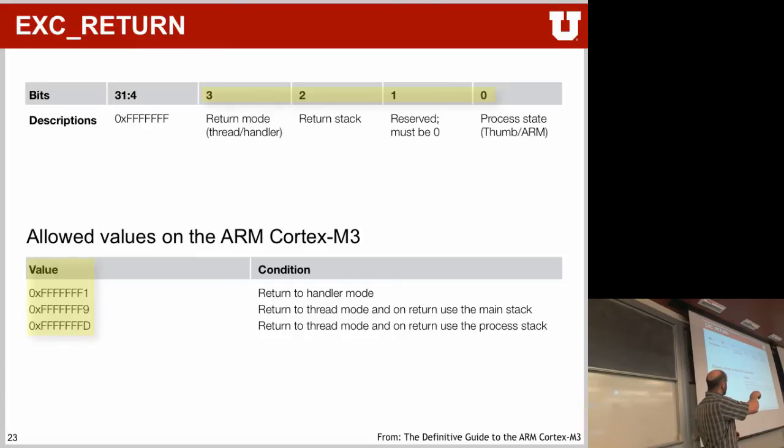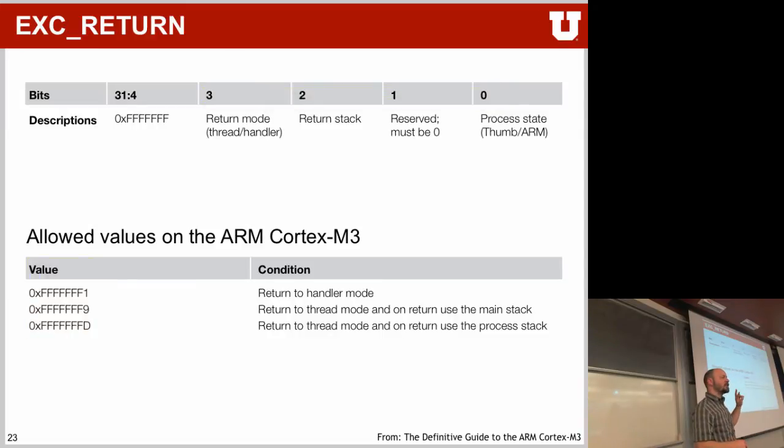If it's a 1, it will return to handler mode. So basically we preempted somebody, we have to return to another handler mode before we can go back into thread mode. If it's a 9, it will return to thread mode using the main stack. If it's a D, we will return to thread mode but with the process stack.